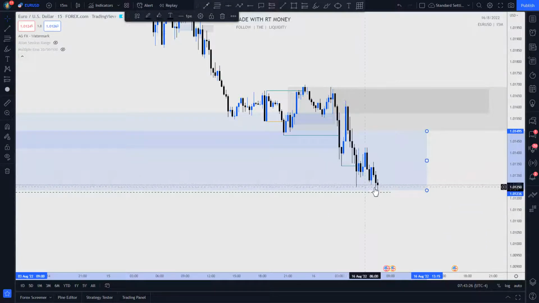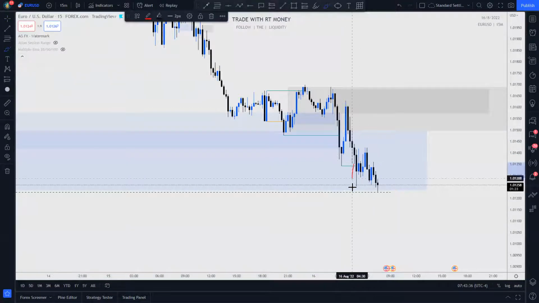I'm watching price dither here. I'm looking for a change of character. I'm looking for price to either break this high here, because this low was already broken, and then we got some dithering going on over here.